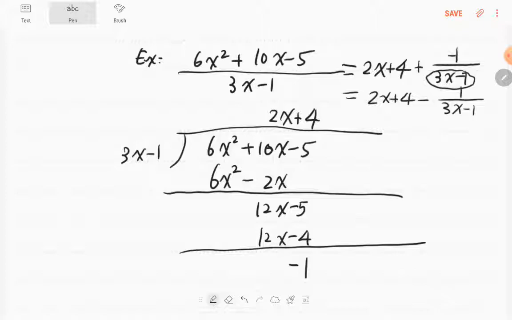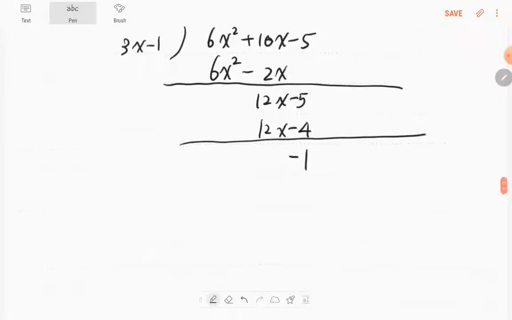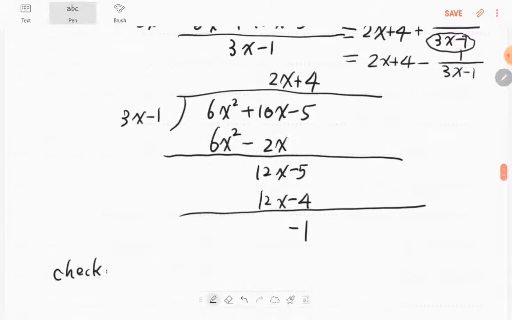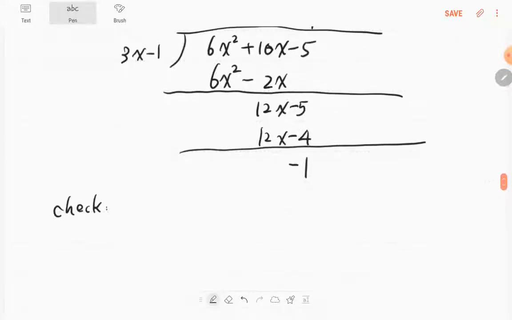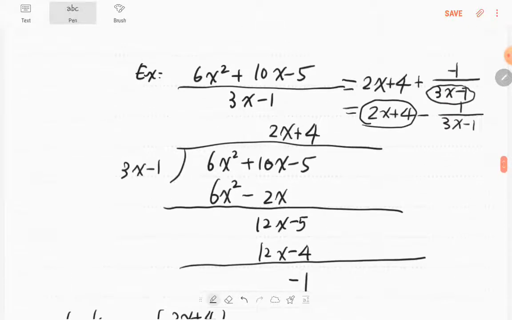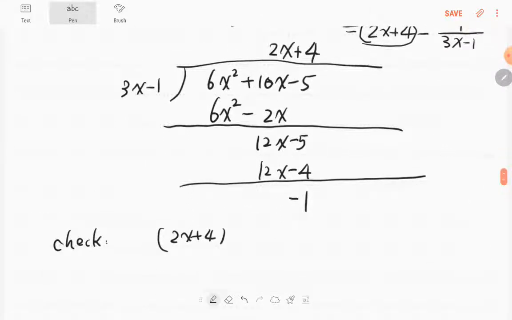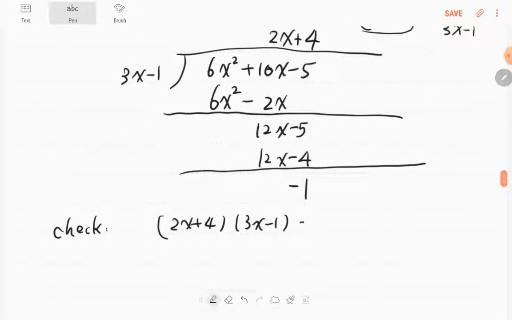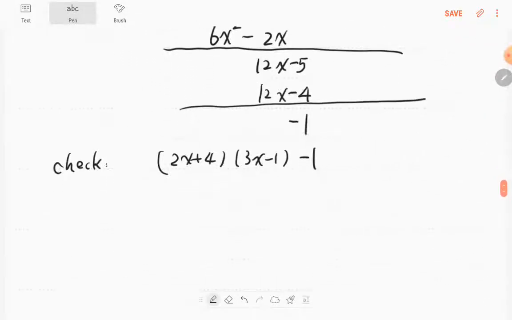You don't forget you should put your remainder over your divisor. Okay. Of course, you could check your answer by doing this. This time, this is the quotient, right? You still need to use your quotient times the divisor. And because you have the remainder, you should add your remainder.